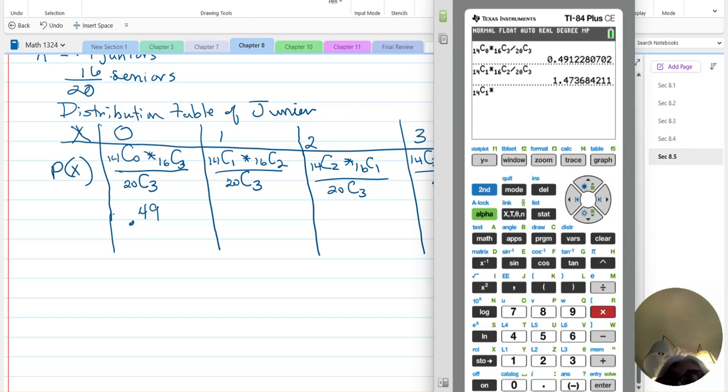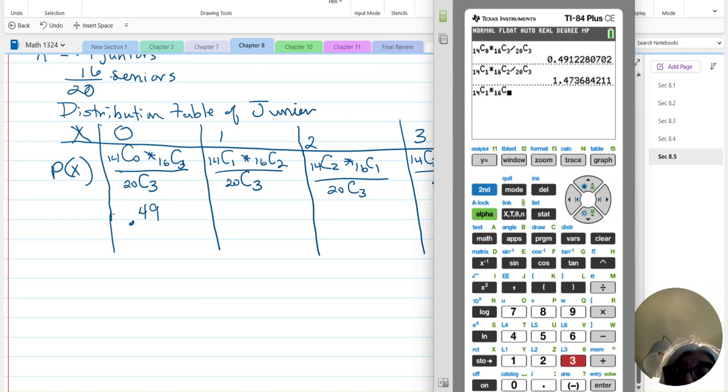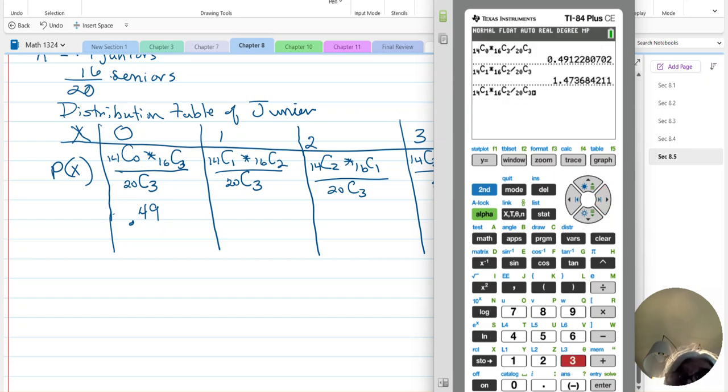I might have to go all the way to the end before I hit enter. 16, math, PROB, number 3, and I'm doing a 2. Side arrow, divided by 30, math, PROB, number 3, and 3.